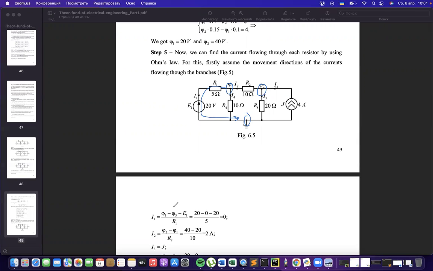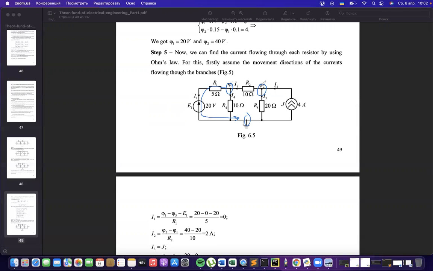Then in the upper part of Ohm's law, we write these voltages, Phi1 minus Phi3 minus E1, divided by the value of the resistor. As we see, in the upper part we obtain 0 voltage. That means the first current also equals 0. It just disappears because the total voltage disappears in this branch.